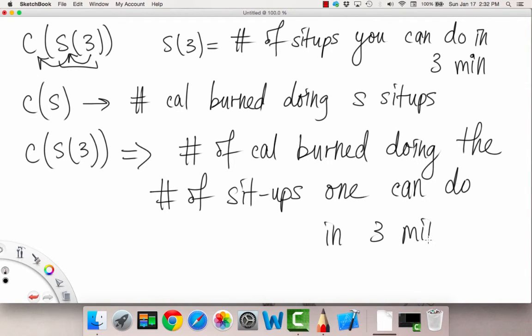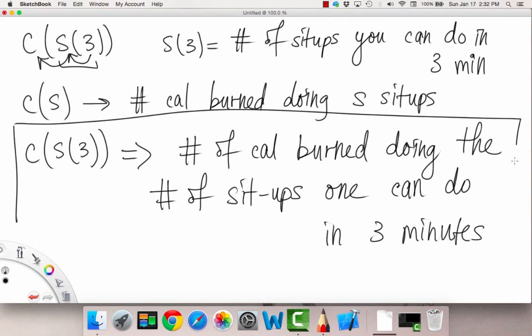Okay? Minutes. And notice how here we don't have a specific number or anything because we don't really know what our S function is, so we can't tell based on 3 minutes. We can't plug that in anywhere because we don't have a formula yet, right? So anyways, this is going to be our answer. This shows what C of S of 3 signifies in terms of the functions that we were given.